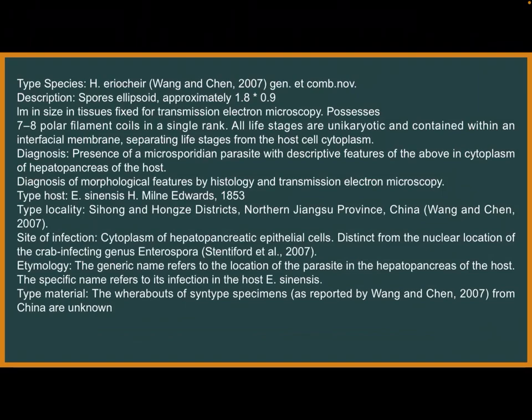Etymology: the generic name refers to the location of the parasite in the hepatopancreas of the host. The scientific name refers to its infection of the host, E. sinensis. Type material: the whereabouts of syntype specimens from China are unknown.